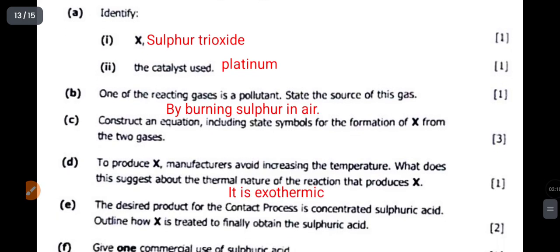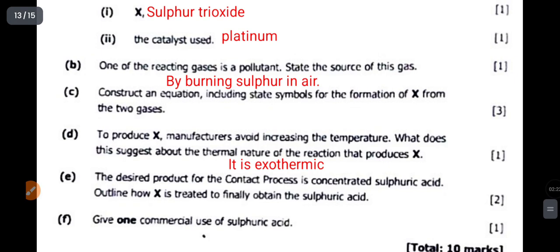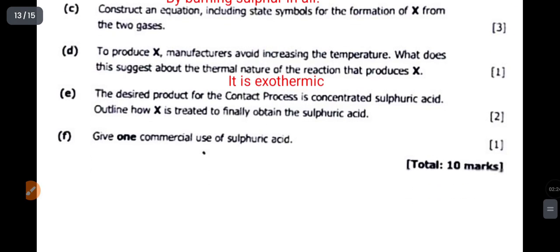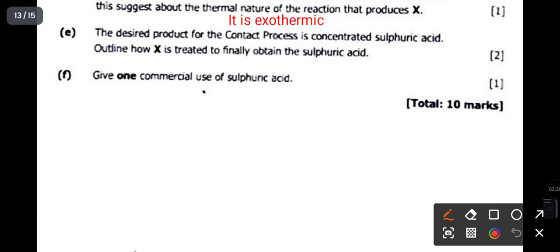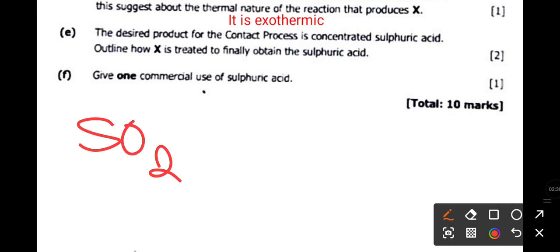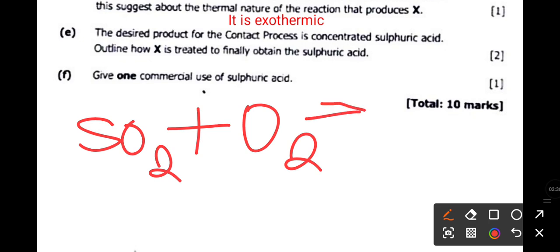Question C. Construct an equation including state symbols for the formation of X from the two gases. So what we'll have is something that is very simple. We have sulfur dioxide here reacting with oxygen. So this half arrow sign here represents that the reaction is reversible.